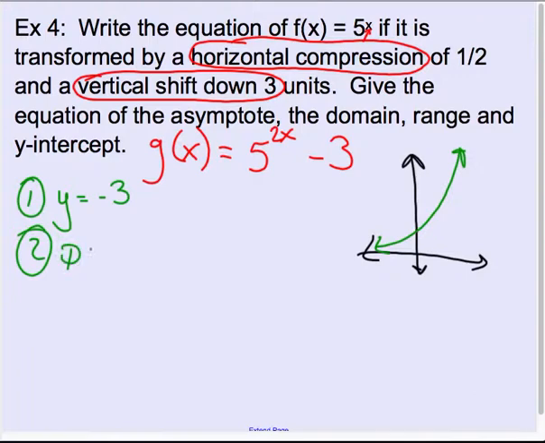Domain and range, domain for an exponential is all real numbers, and that does not change when you transform it. The range is linked to the asymptote, and because we didn't reflect it, it will be y is greater than negative 3. So the reflections are what will cause the y to be less than the asymptote.